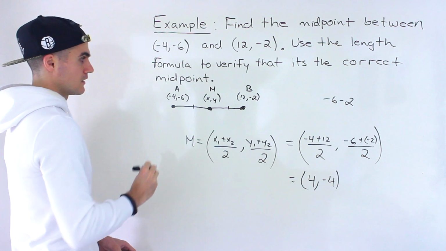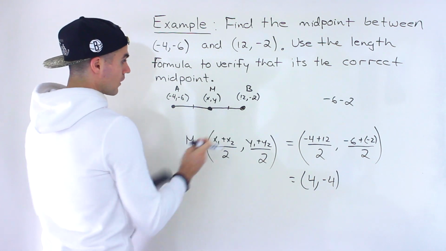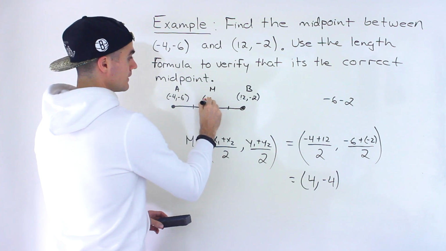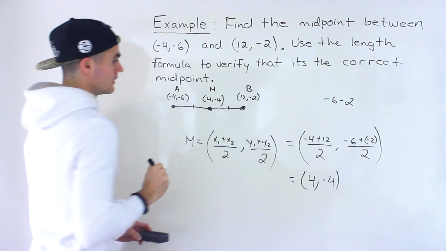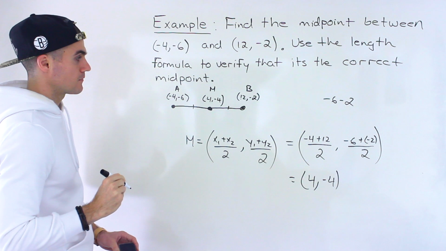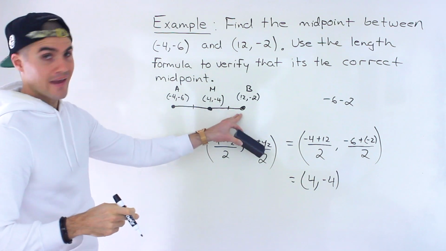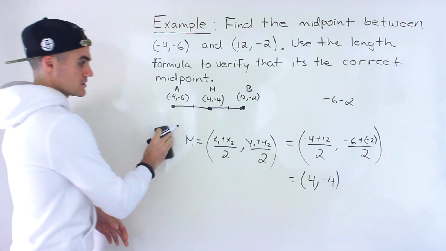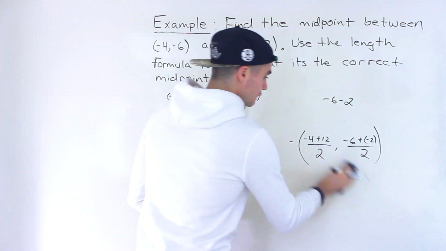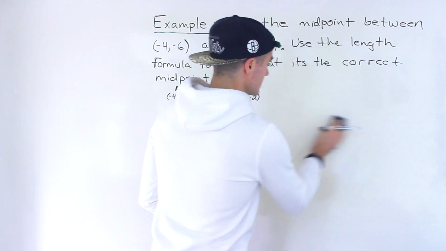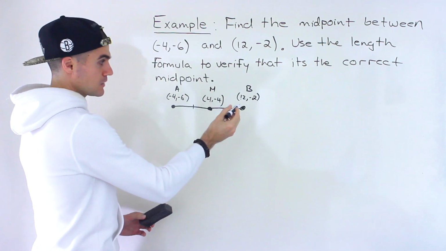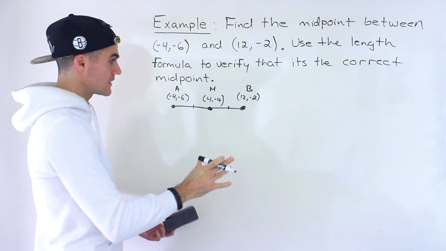All right, so (4, -4) is the midpoint of A and B, of those 2 endpoints that we were given. So we found the midpoint. Now we're going to find the lengths of AM, BM, and then AB to verify that it's the correct midpoint.